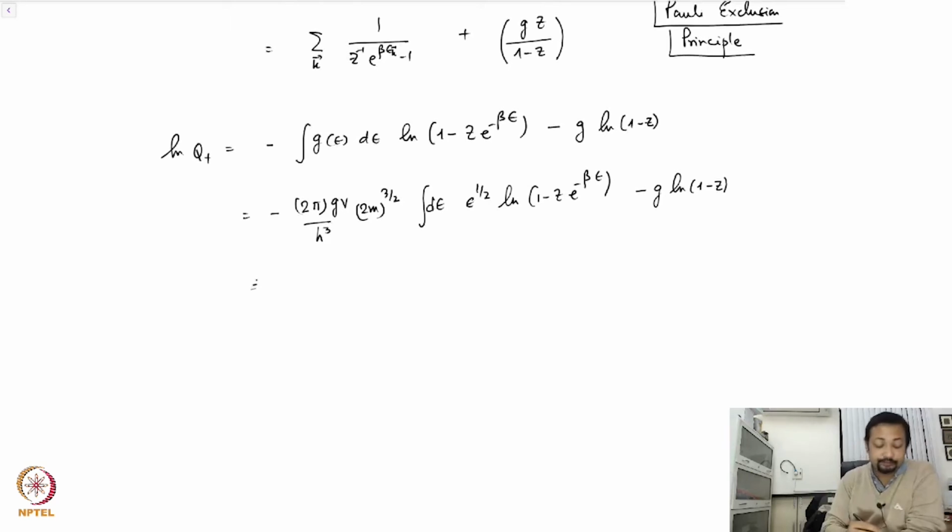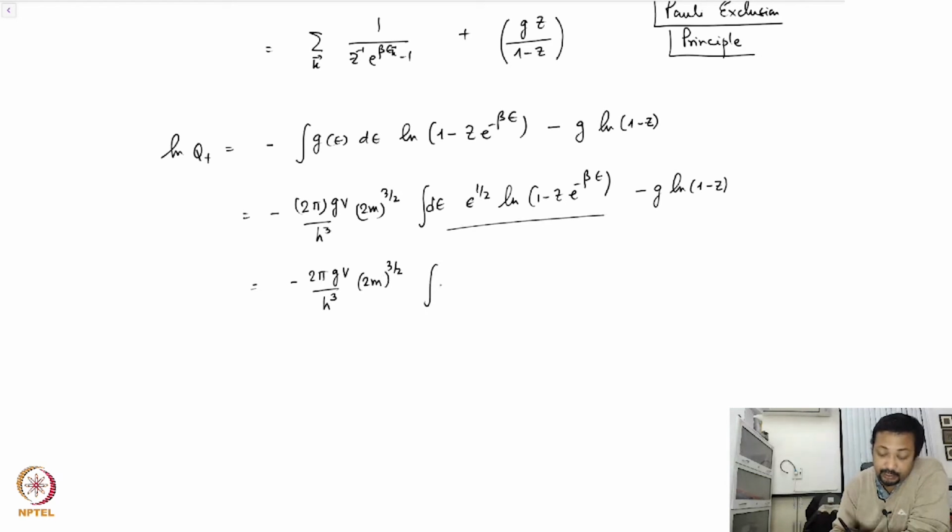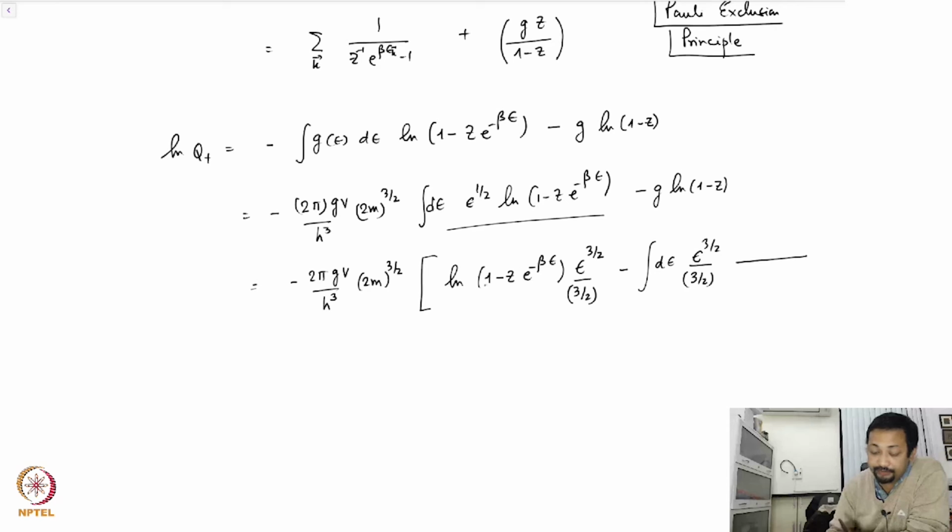So this means minus 2 pi gV. We are now very, very familiar with how to handle such integrals. We do an integration by parts where we take the log as the first function, so that this becomes ln(1 minus z e to the power minus beta epsilon) times epsilon to the power 3/2 divided by 3/2, minus the integral d epsilon of epsilon to the power 3/2 divided by 3/2, and then the derivative of this log function with respect to epsilon.